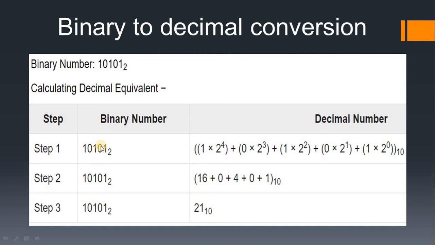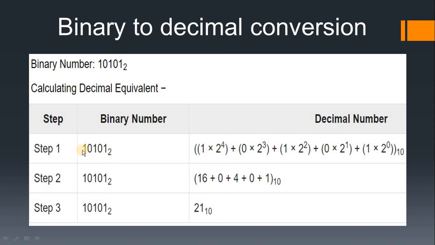Then you do 2 to the power of 1, 2 to the power of 2, 2 to the power of 3, 2 to the power of 4. So that's why here it is 2 raised to 4.